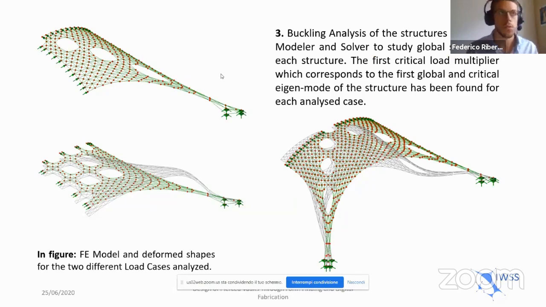One of our future steps is to introduce horizontal loads such as seismic or wind loads, because we want to understand the behavior of this structure if loaded with horizontal loads. So it's a future step of our study.